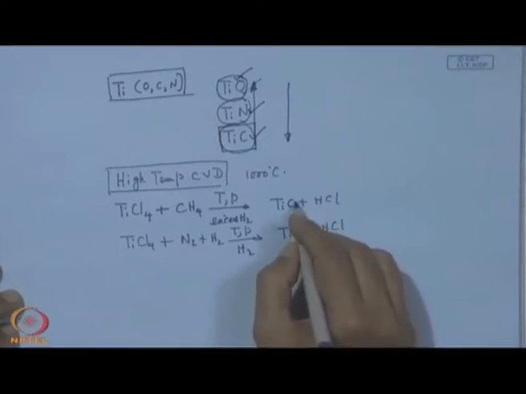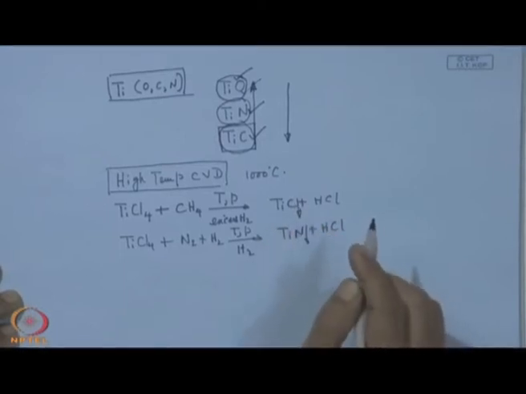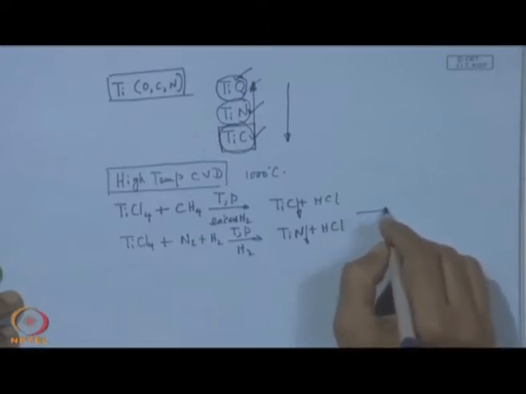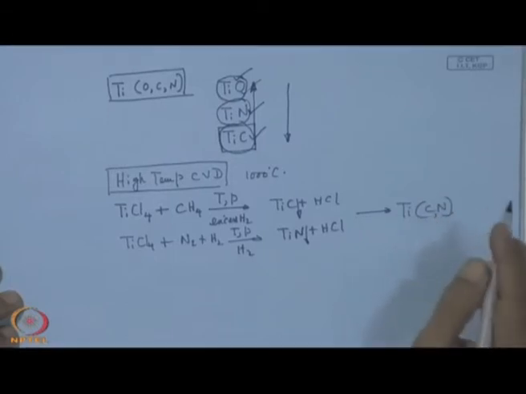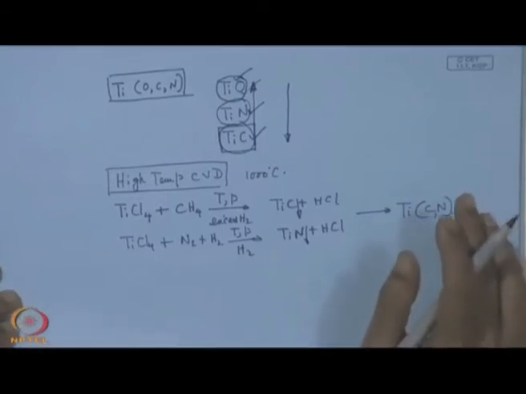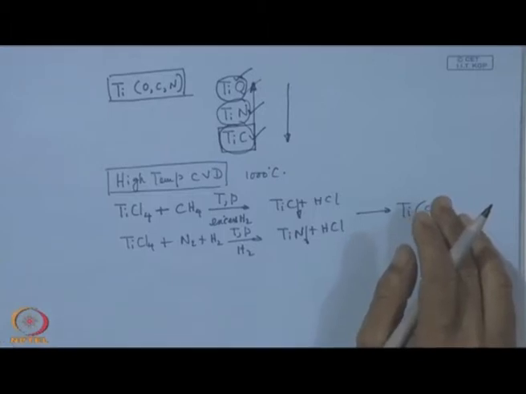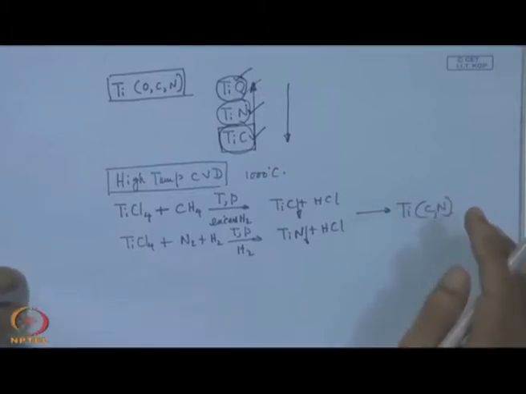So, these are the governing equations. Now, if we put them together, we are going to get TiCN in right proportion. Now, the problem with this is the requirement of high temperature.